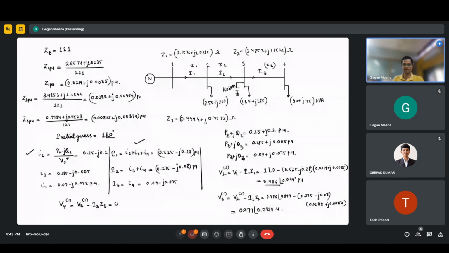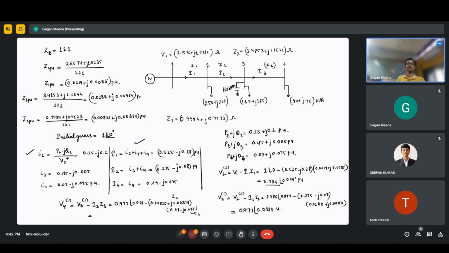Now we have to use this V3 minus I3 into Z3. This is Z3, I3. Okay, so from here we are getting V3 as 0.977.